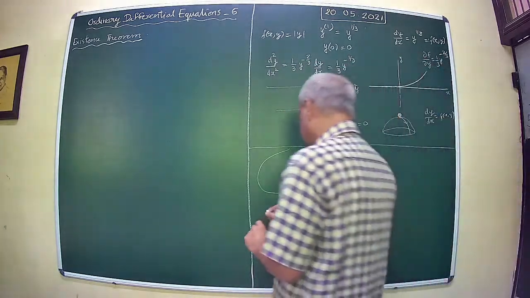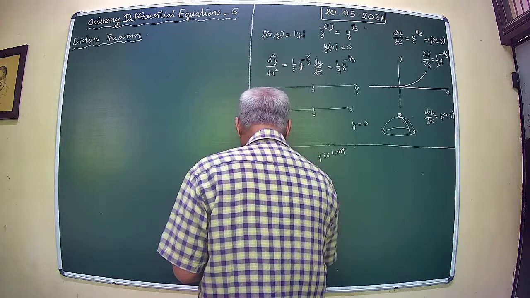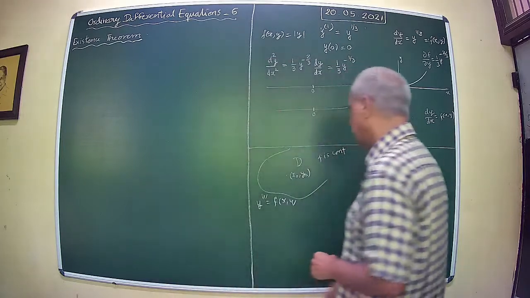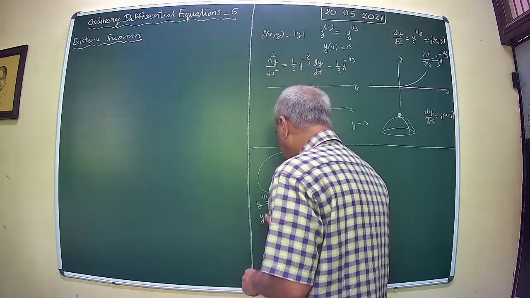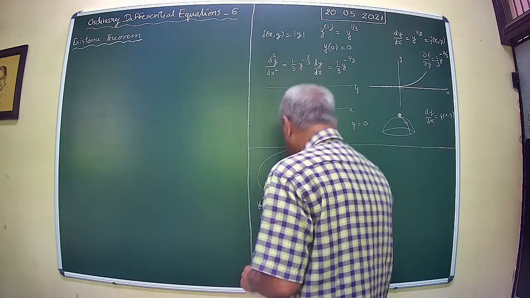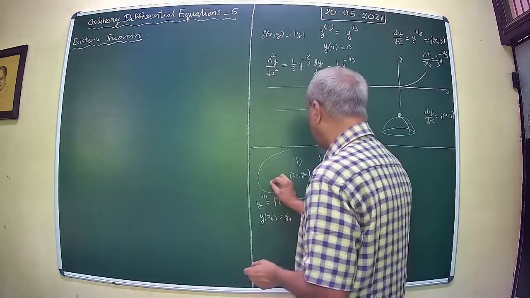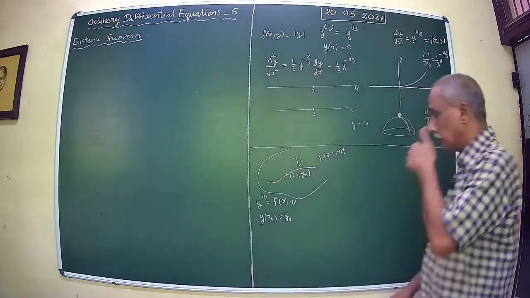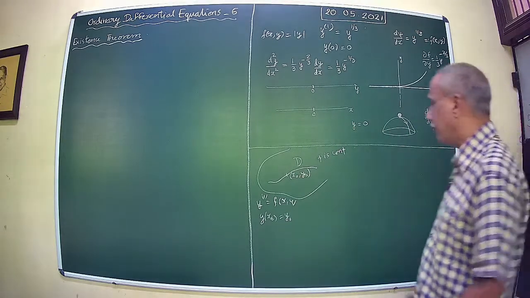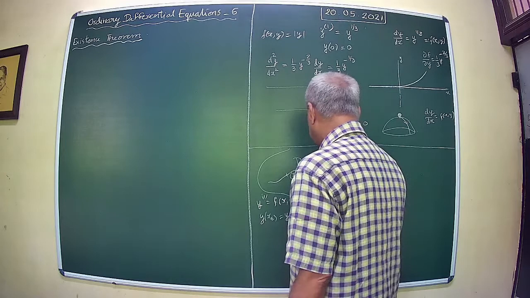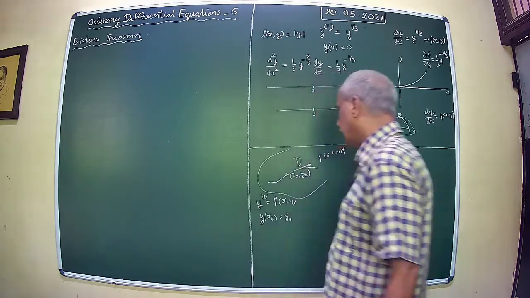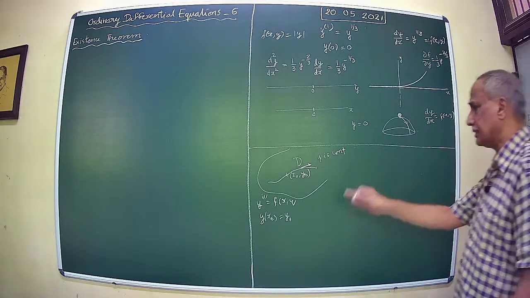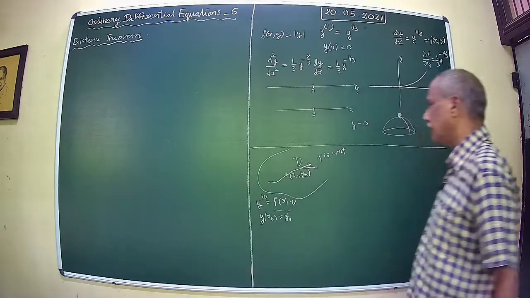You remember our problem is this: y dash is equal to f of x, y, with y at x0 equal to y0, and the geometry is that we are searching for a function whose graph passes through the point x0, y0, and at every point the tangent vector to the curve coincides with the vector field that is set by f of x, y.